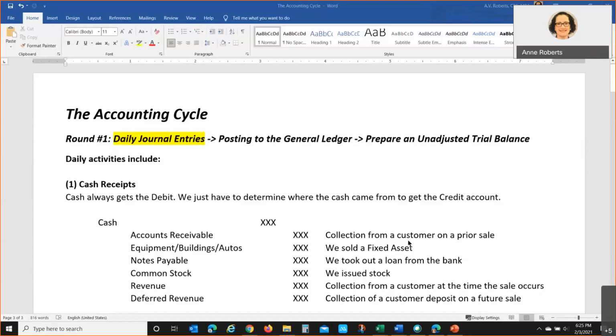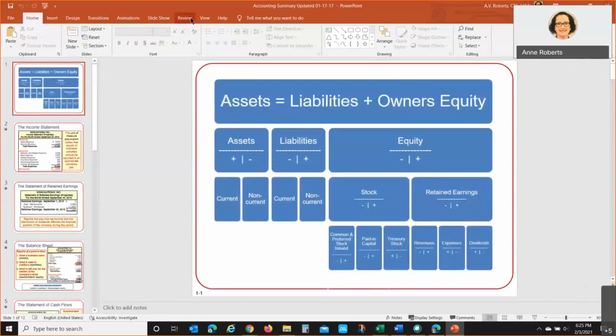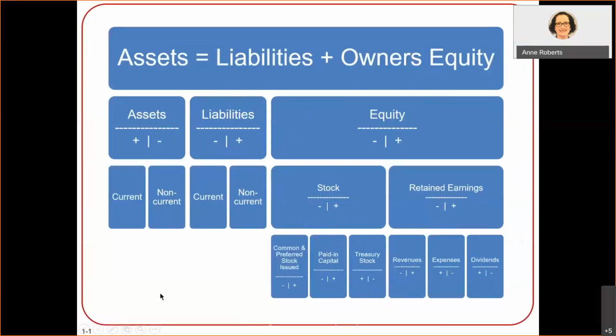Now, one of the things that I just realized is we probably should back up one step, and let's actually look at this one first, so that we can get the idea of what the big picture is, because this slide right here is basically all those financial statements from chapter 1.